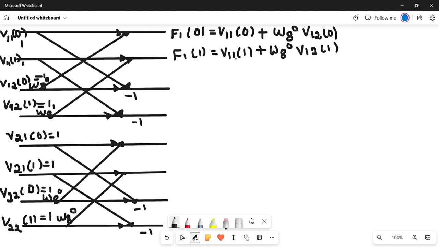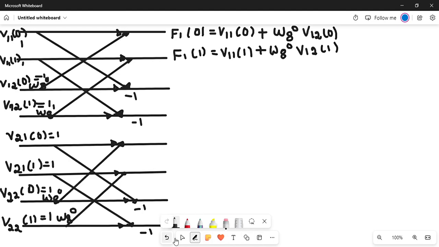Yes. How, you might be wondering. So v11 of 0 is coming like this, and here you can see that this is v11 of 0 and this is plus. From the third line, a diagonal line is coming to the very first line, to the v11 of 0 line. That is 1 into omega a to the power of 0, which is coming like this and joining this point, right?